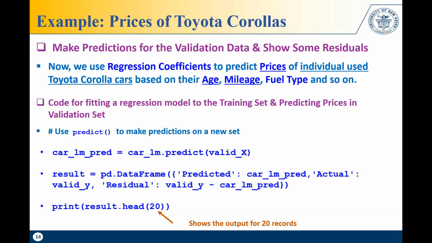Now we use the regression coefficients to predict the prices of individual used Toyota cars based on their age, mileage, fuel type, and so on. And here's the code. And it shows the output for only 20 records.